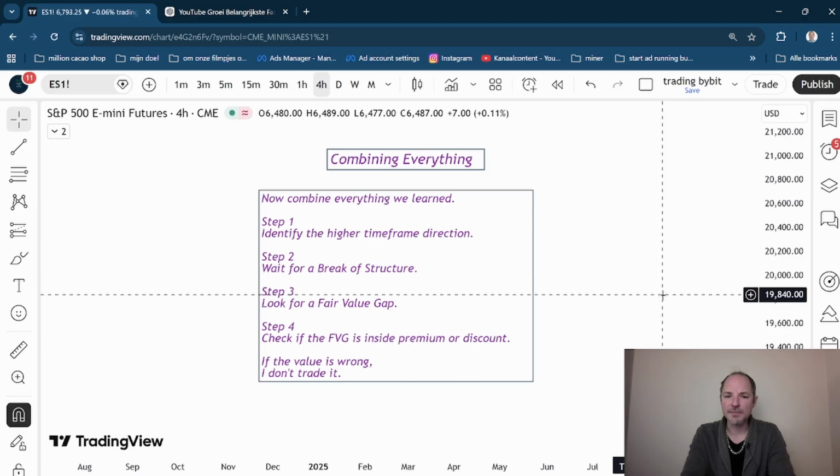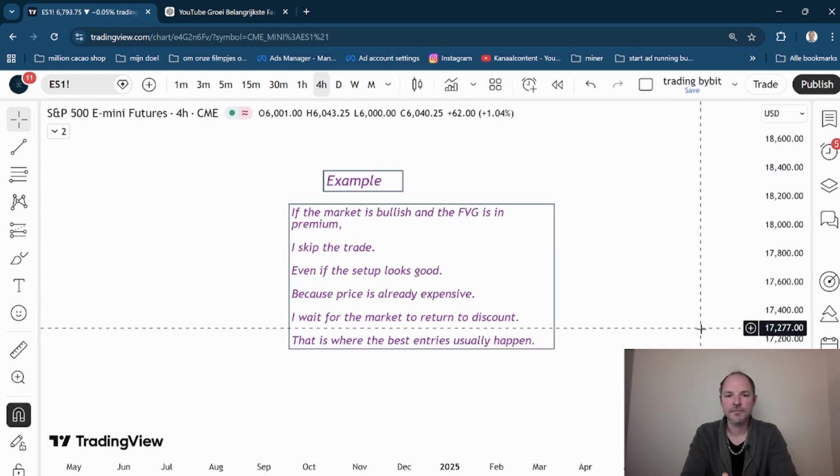If that value gap lays in a premium or a discount, then we can use it if it lays correctly. If it's bullish, we need to have it in a discount. If the market is bearish, we need to have that value gap in a premium section. If that is not the case, we do not trade. For example, if the market is bullish and the value gap is in a premium, I skip the trade.